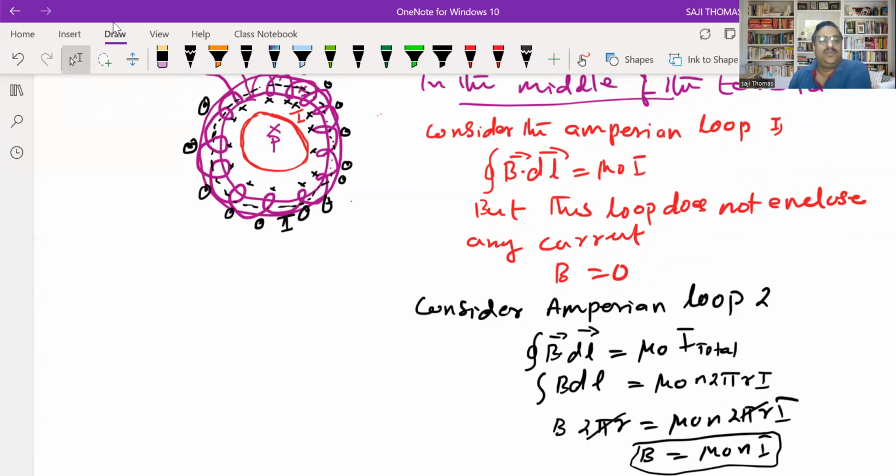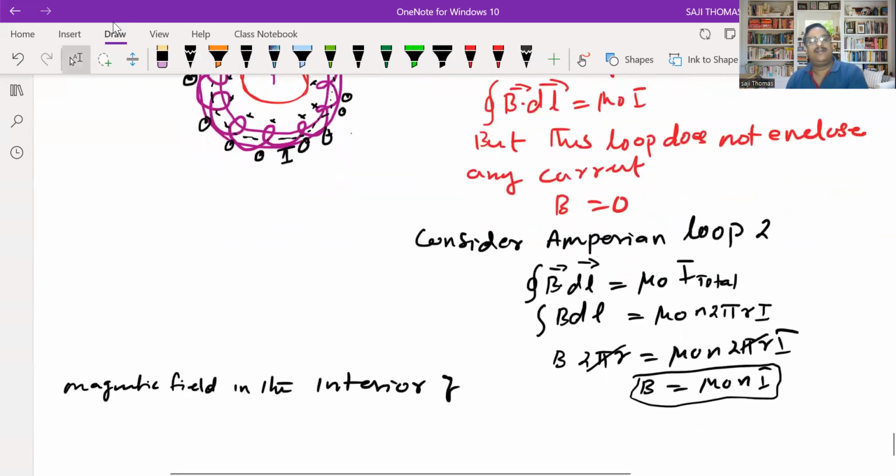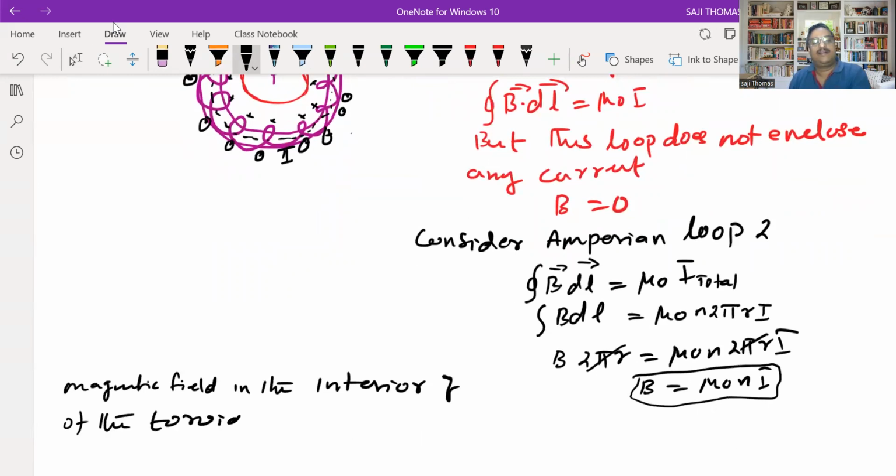The magnetic field in the interior of the toroid is not 0, you got it. B equals mu 0 n I. It is the same as that of the solenoid.